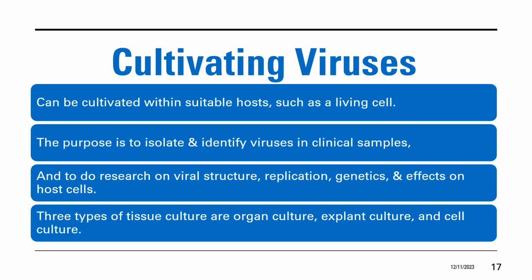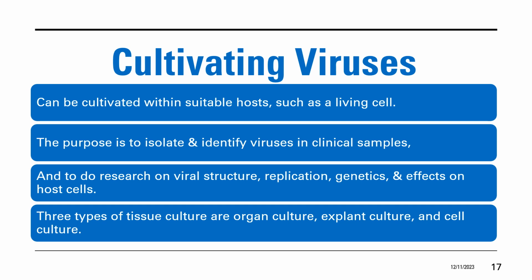We'll talk a little bit about how they cultivate these viruses. A virus can be cultivated within suitable hosts, such as a living cell. The purpose of this is to isolate that virus and identify them in clinical samples.